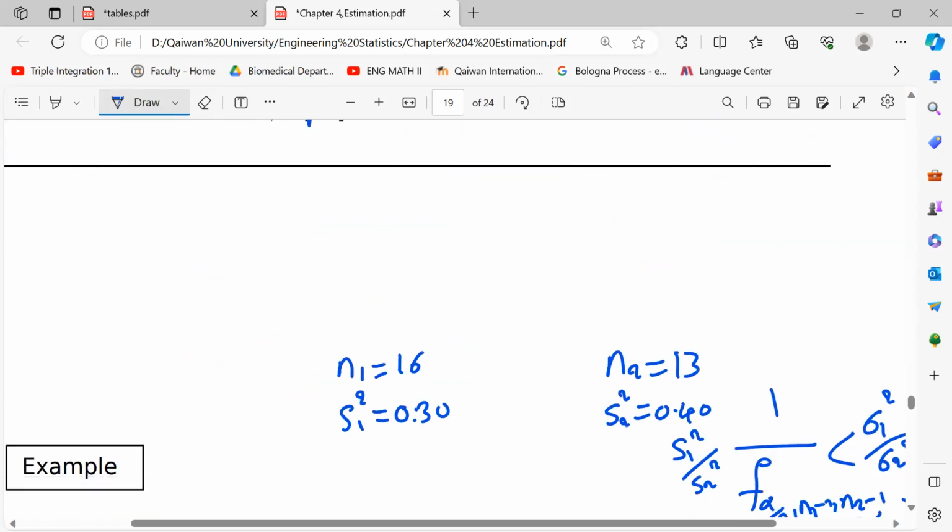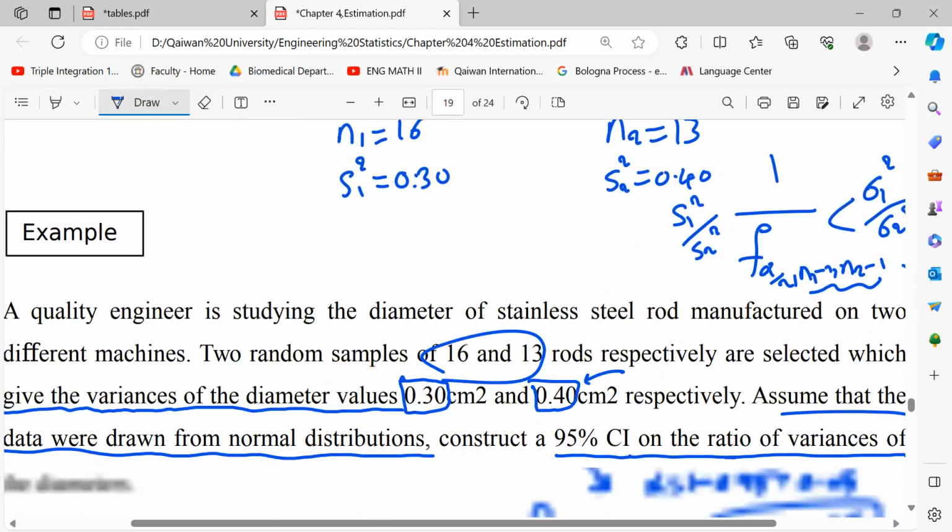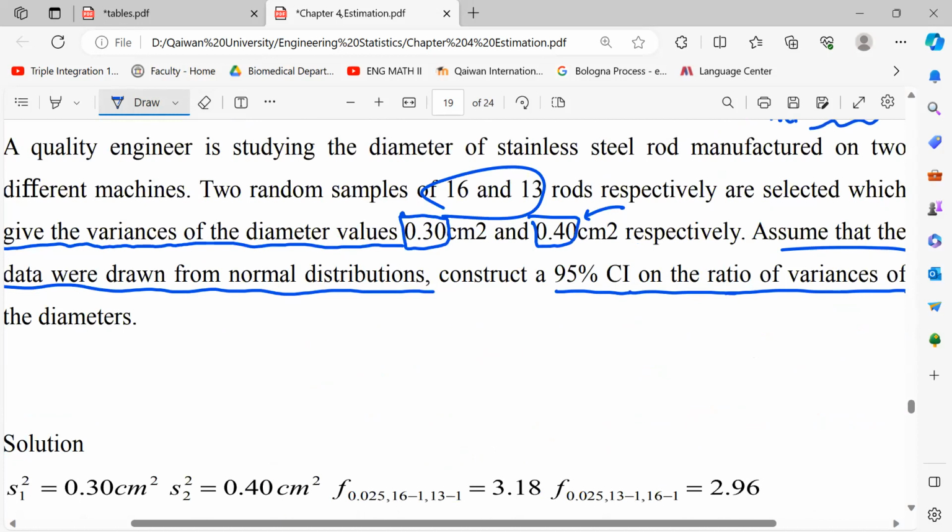Now, let's see what's given. N1, N2, S1 squared, S2 squared. And also, alpha is given. Alpha is 1 minus 0.95, which is 0.05. And then alpha over 2 is 0.025.